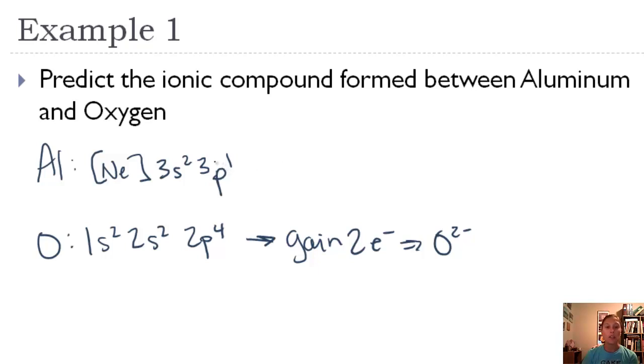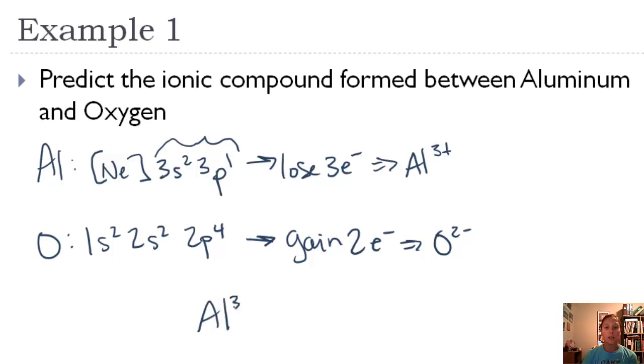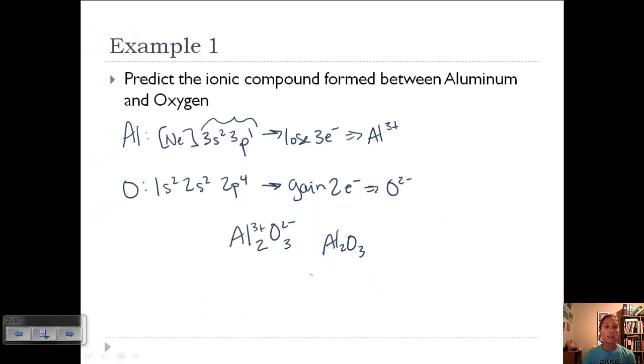If aluminum loses these 3 valence electrons, it will have an electron configuration similar to neon, so it will lose 3 electrons. That makes it more stable, making the ion Al3+. If we put these together, we need 2 aluminums and 3 oxygens to have Al2O3, and that's our ionic compound.